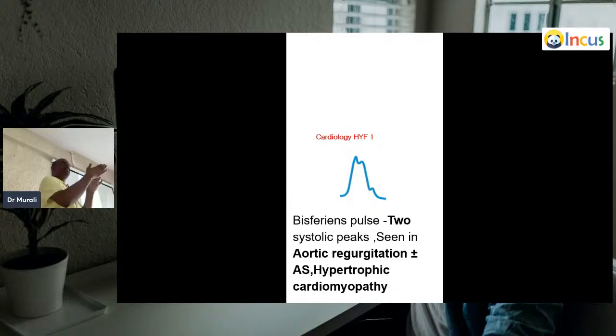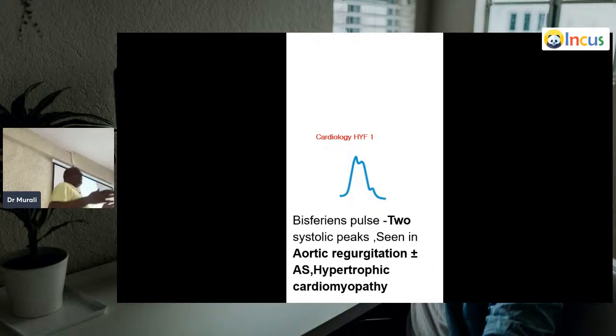So during that time, the interventricular septum, which is hypertrophic, and the mitral valve leaflet, they both come in touch with each other and prevent the free flow of the left ventricular blood into the aorta. But when the ventricle starts systole, this touching doesn't happen. In the middle of the systole, this touching happens, right? But after that, once more, the left ventricle will overcome that block and once more push the blood.